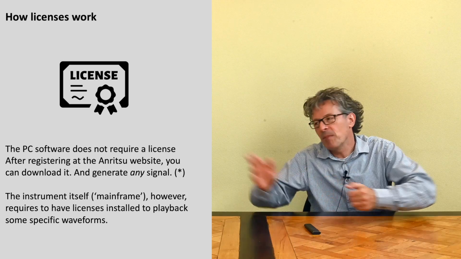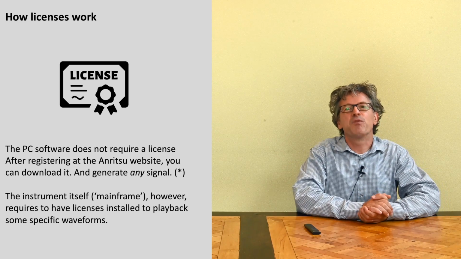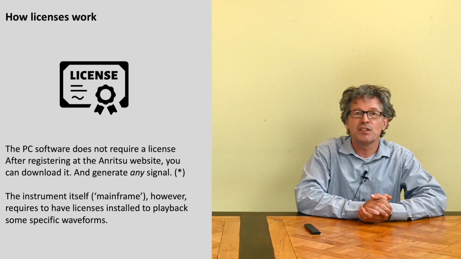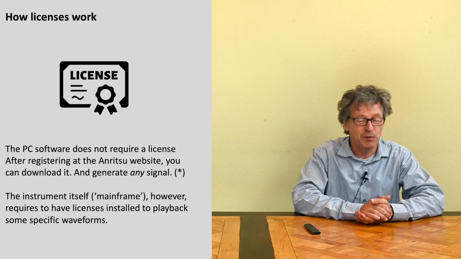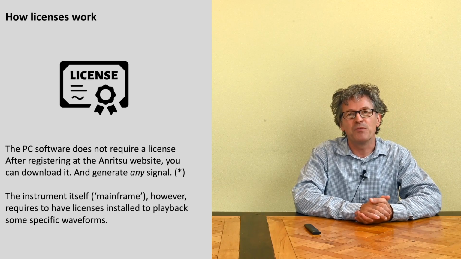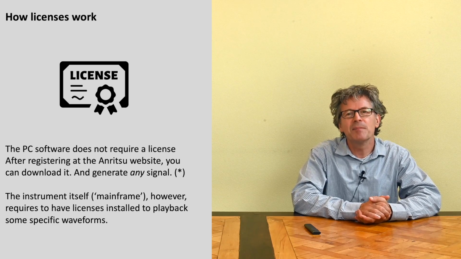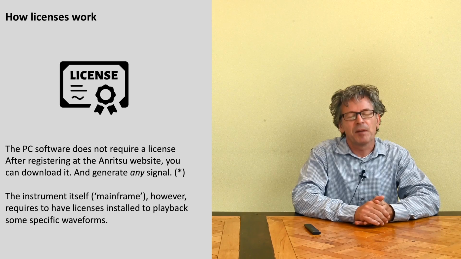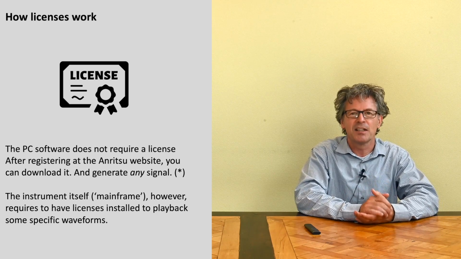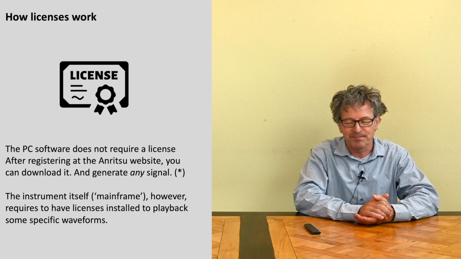Then you move them to your device, and the device finds out whether there's a license for it or not, and if not, it will not play back that particular waveform. So it's a, well, I don't know, peculiar way this is implemented. Well, maybe not peculiar, but you have to understand this more or less to make good use of the device.